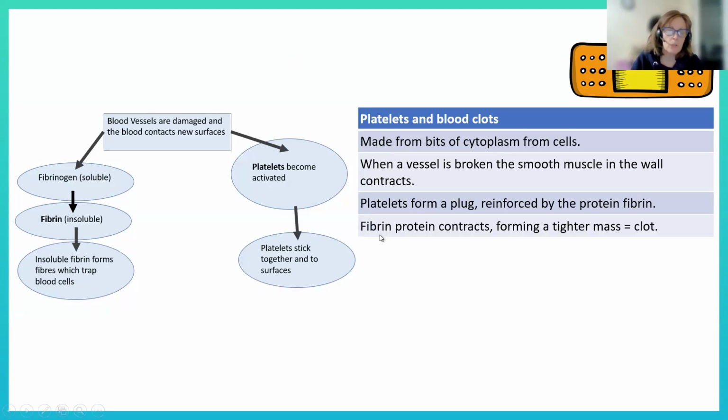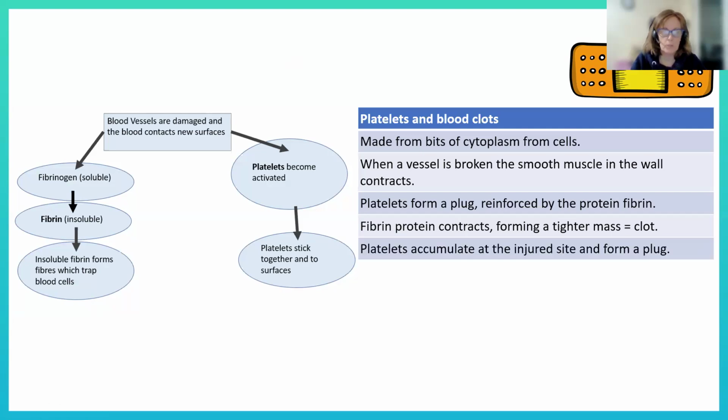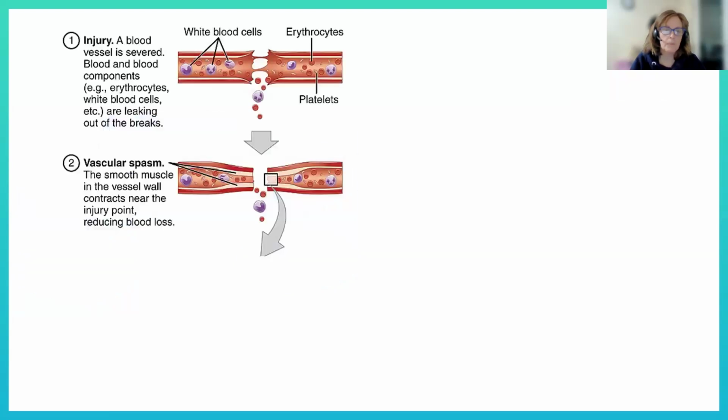They start to contract after a while, and this clot forms a tighter mass that pulls together and stops the blood escaping from the wounds. Stops you bleeding, essentially. So all of this is reinforced by more platelets and more fibrin.